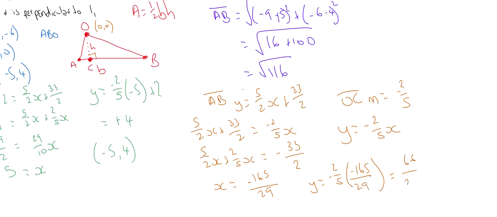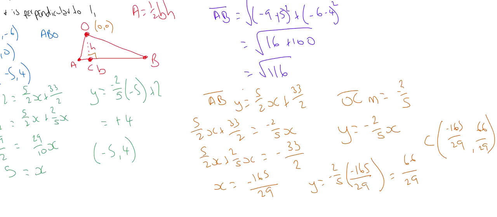So the point C is -165 over 29 and 66 over 29. Now, that is a horribly messy coordinate, but now I can find the distance OC, because that is the height of my triangle. So I'm going to use the point C and the point 0 to find my length.